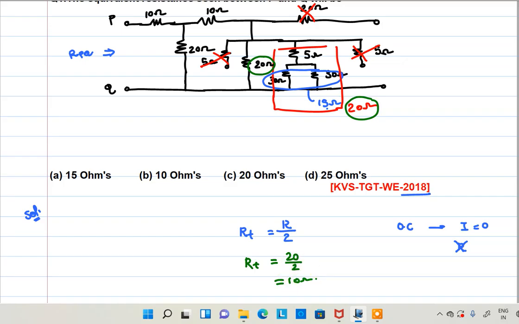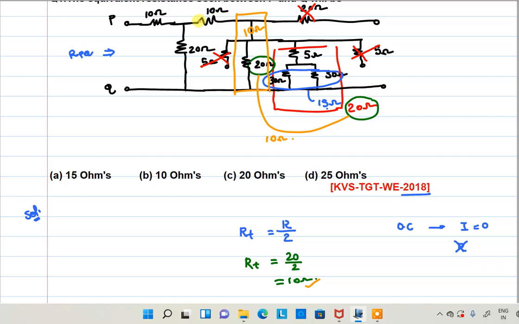So now these two equivalent is 10 ohm. Whenever parallel, R by 2. Now finally this particular branch final resistance is 10 ohm.